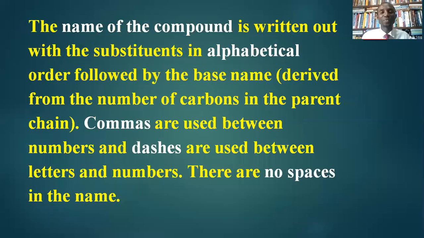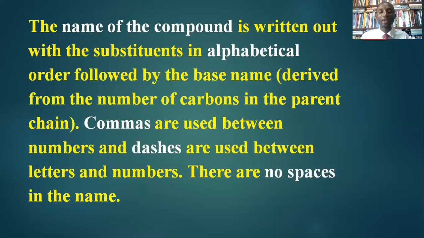We observe now that the name of the compound is written out with the substituents in alphabetical order, followed by the base name. You see, we started with ethyl before methyl because A, B, C, D, E comes before M. So not minding the position, you pronounce them in alphabetical order.